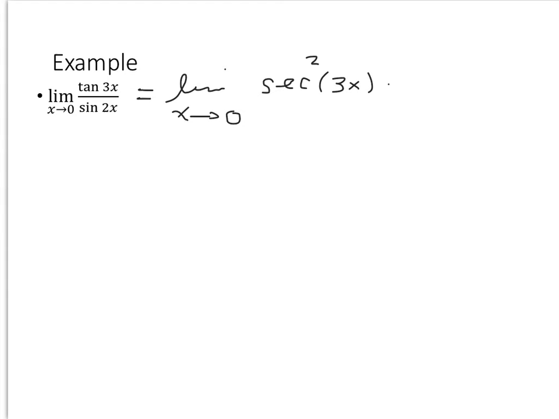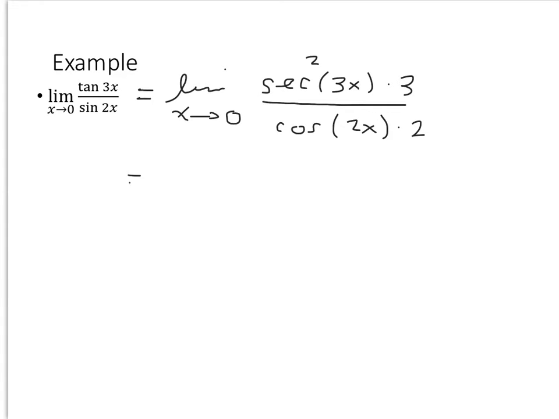And then I have to go inside and take the derivative of 3x, which is just 3. And then on the bottom, I take the derivative of the sine of 2x. Derivative of sine is cosine. Then I leave the inside alone, and then the derivative of 2x is just 2.